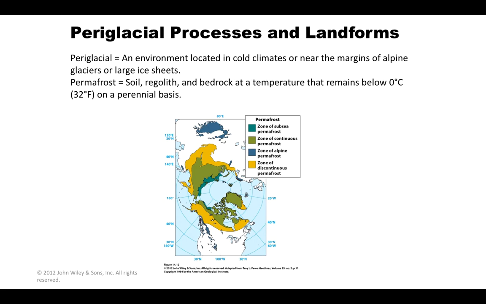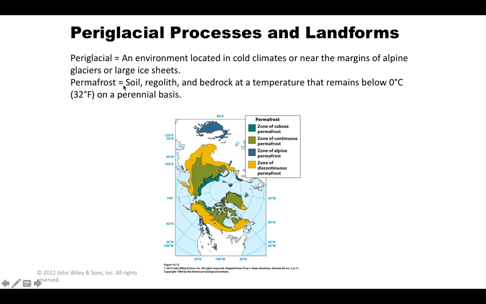But if we're on the equator, we're going to have to go super, super high, something like 5 miles before we start to see what's called the snow line. So our periglacial, where glaciers are going to form, is either going to be high up in latitude or high up in elevation, and that's the alpine reference right there.